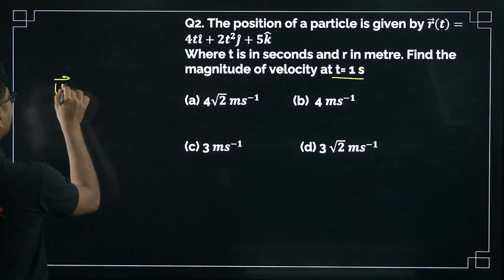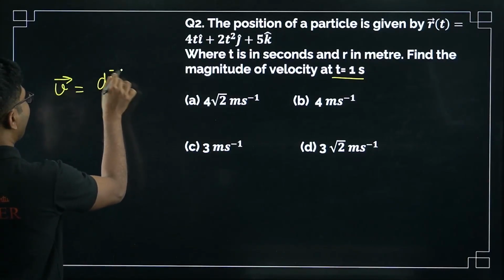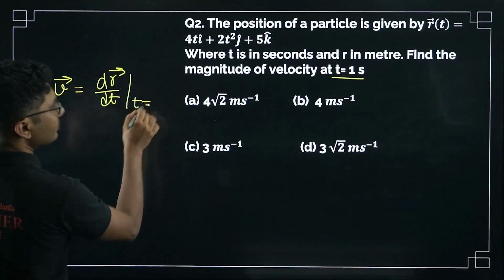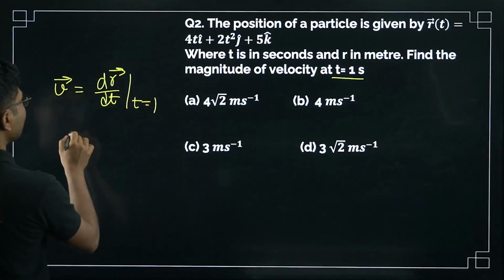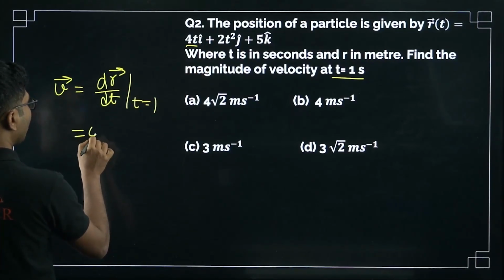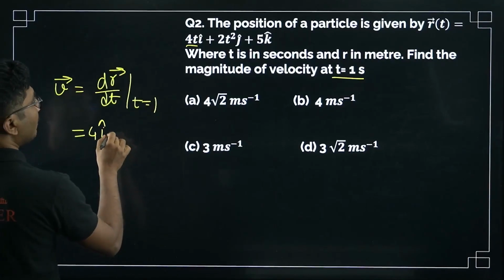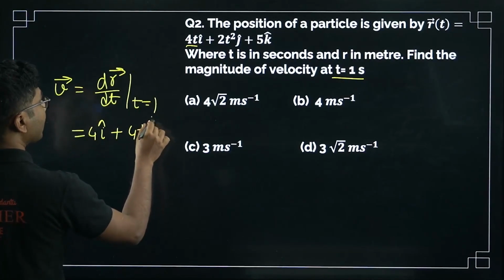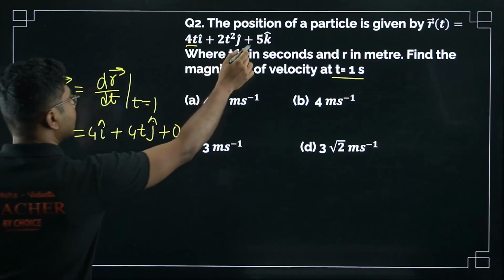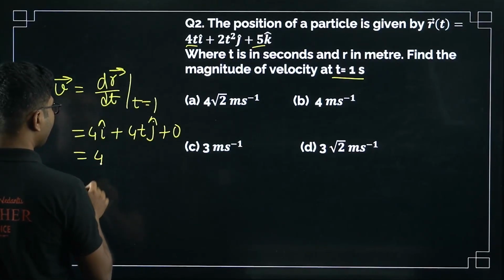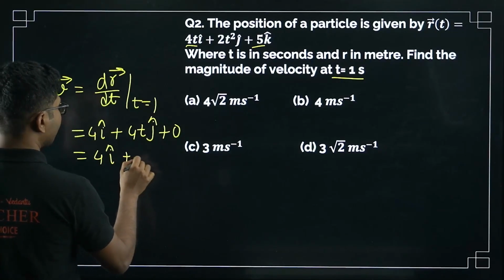Velocity is nothing but dr by dt, and at the time t equals 1 second. So we have to differentiate it. Differentiating 4t i, we get 4 i cap plus 4t j cap plus 0. This is a constant, so its differentiation will be 0. So we get 4 i cap plus 4 j cap.